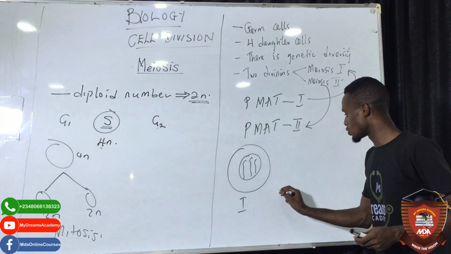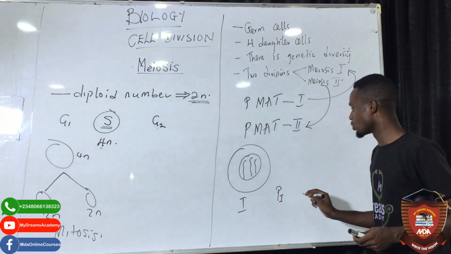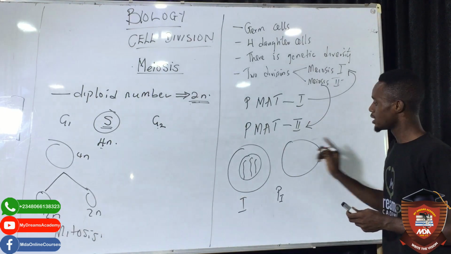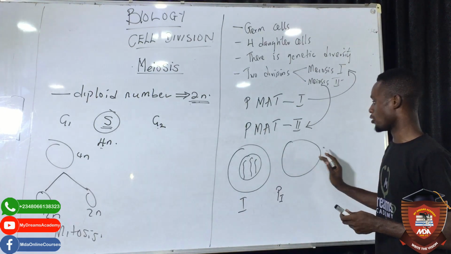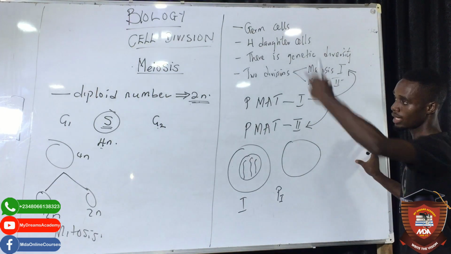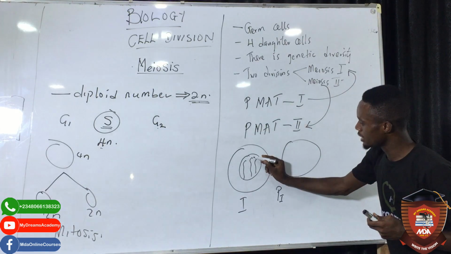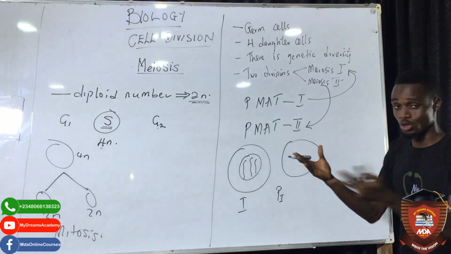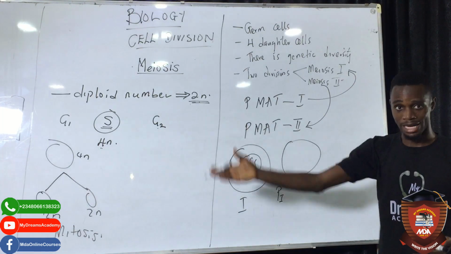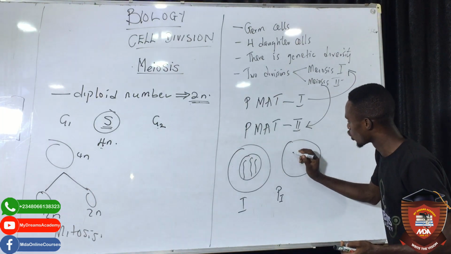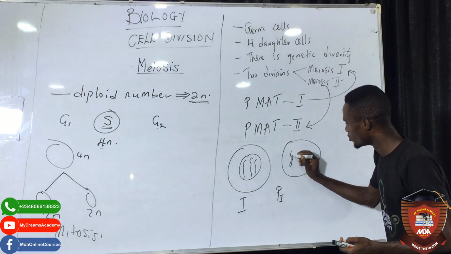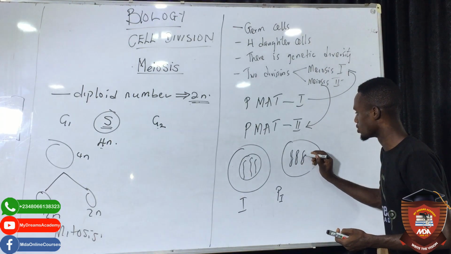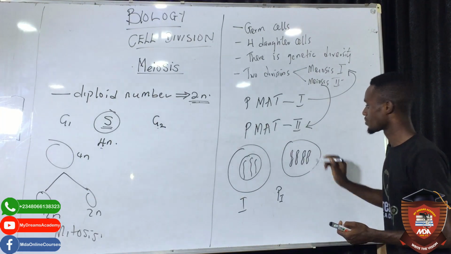Okay, in prophase 1, the cell membrane is intact, but the nuclear membrane will break down, so I don't have a nuclear membrane. The same thing that happened in mitosis. This chromatin will condense into chromosomes, the same thing that happened in mitosis. So what I now have is condensed chromosomes.